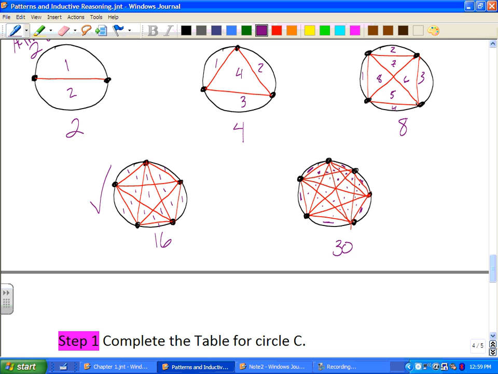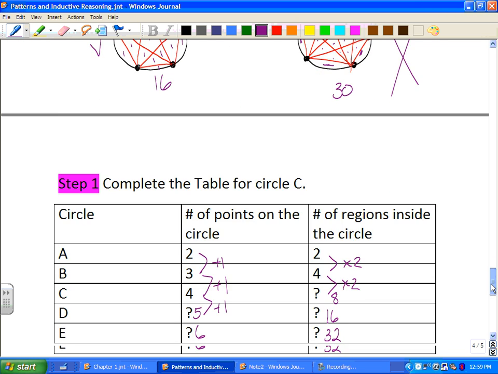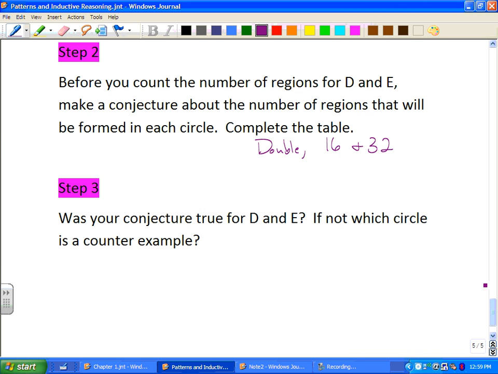Were we correct there? No, I did not misdraw it. I'm positive. So, was our conjecture true? No, we needed 32, not 30. If not, which circle was your counterexample? Circle E.